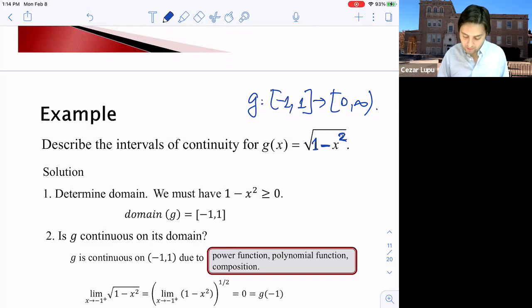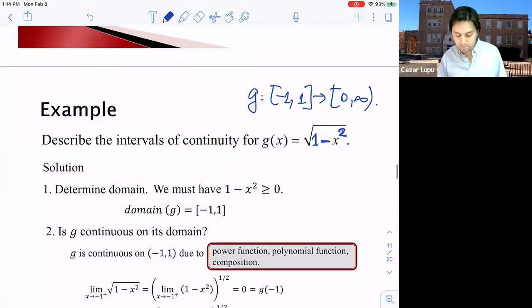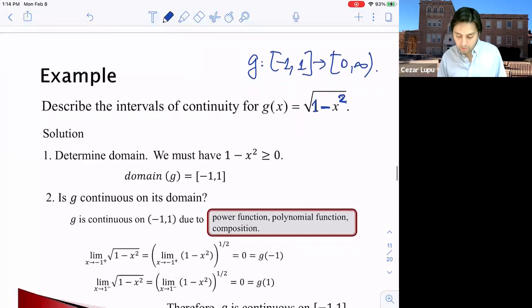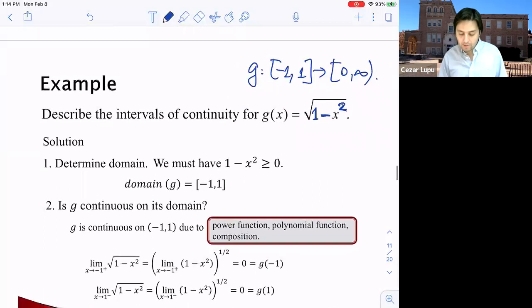We see the first one: the limit as x approaches negative 1 from the right of g is 0, which is the value g(-1), which is great. And also, the limit as x approaches 1 from the left of g(x) is, again, g(1), which is 0, right?